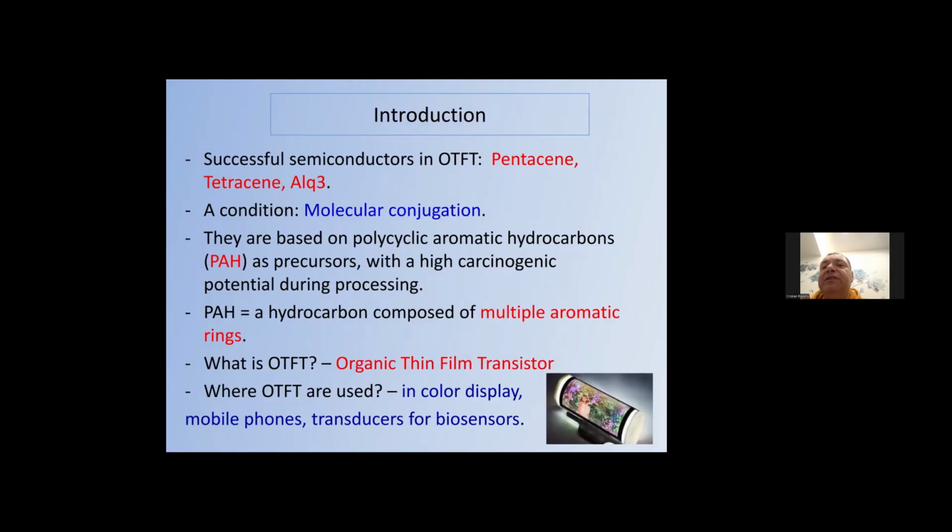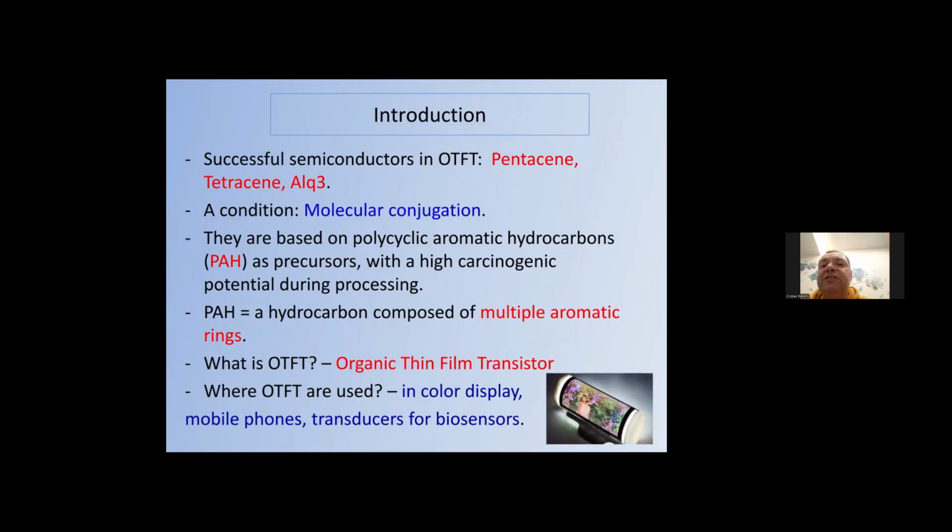So we use these materials today for fabrication of OTFTs, organic thin film transistors. They are transistors with a very thin film, with thickness less than 1 micrometer, about tens or hundreds of nanometers, and the composition of the films is based on organic materials.